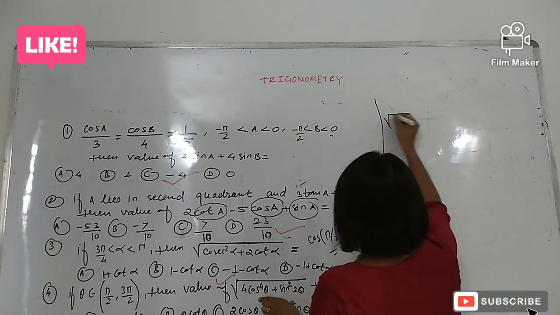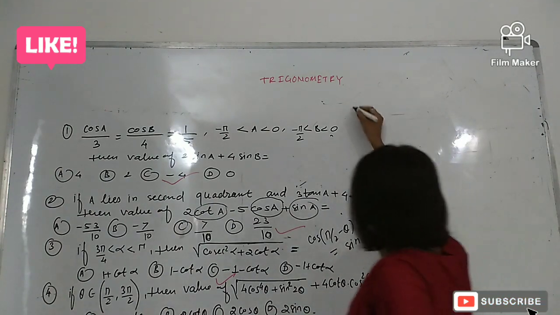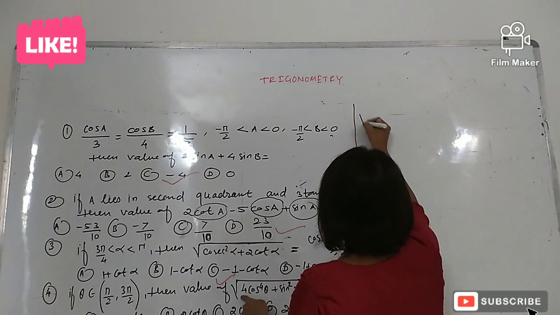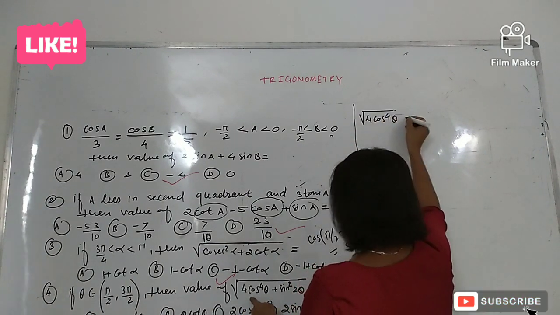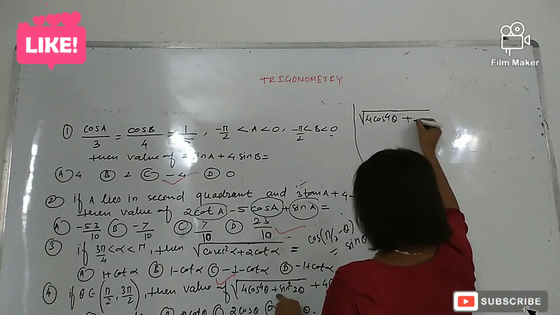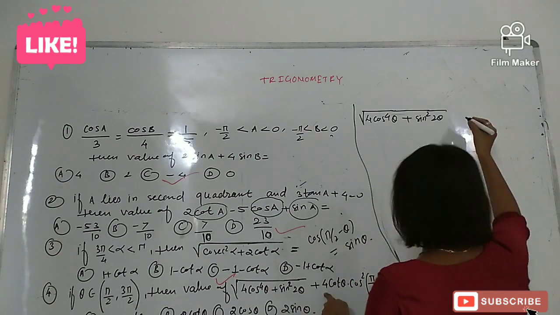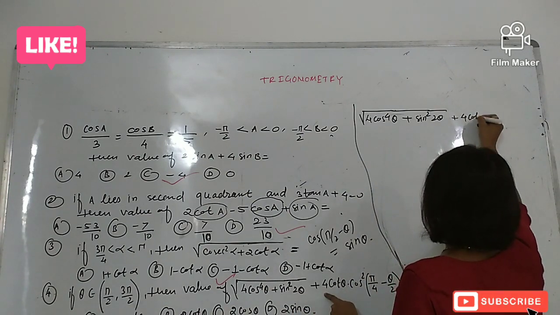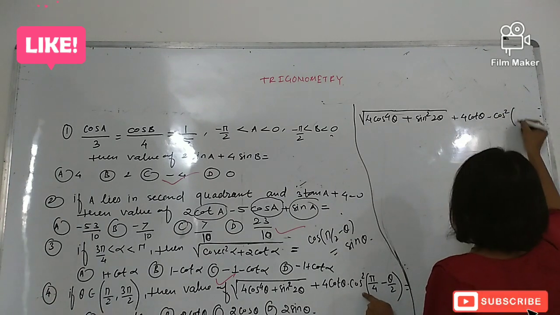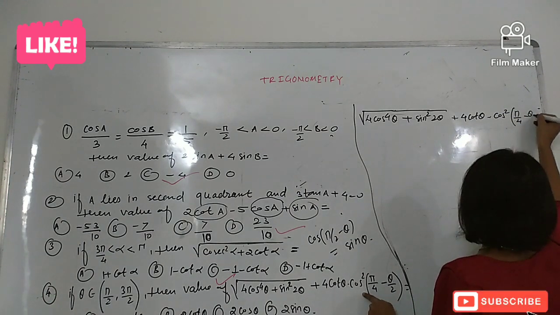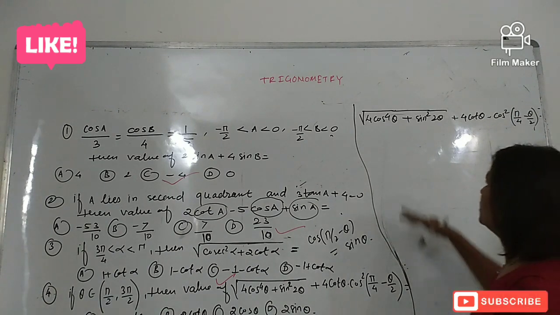The given expression is square root of 4 cos to the power 4 theta plus sine square 2 theta plus 4 cot theta into cos square of pi by 4 minus theta by 2. So just simplify this.